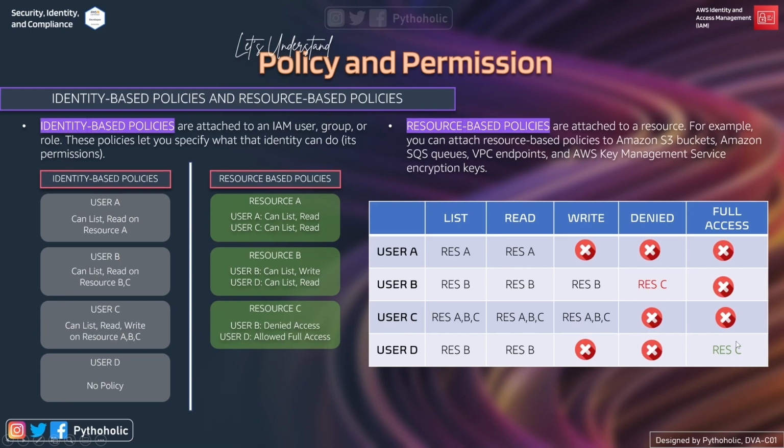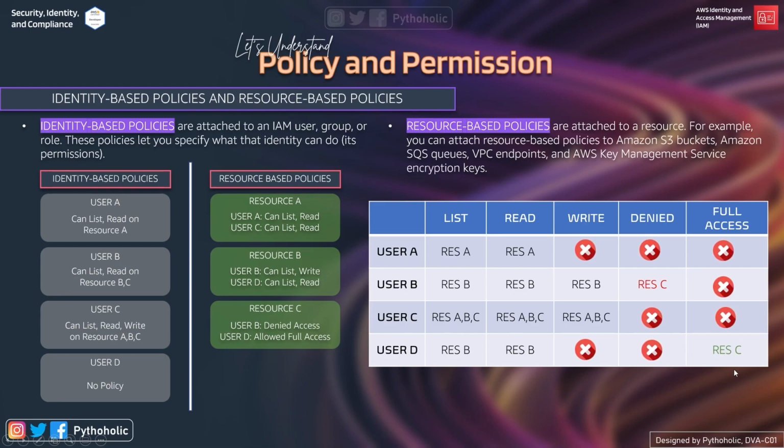So full access is given to resource C. And other than that, as it doesn't have any identity based policy and we don't have user D on the resource A part, so whatever applies will be applied on resource B and resource C. And that is why user D is able to perform operations on resource B that are list and read. And thus it does not have any write permissions, or it does not have a permission that actually tells it is totally denied access, but it still can perform operations on resource C because it has allowed full access.